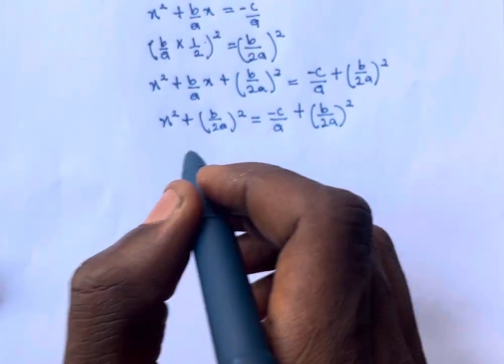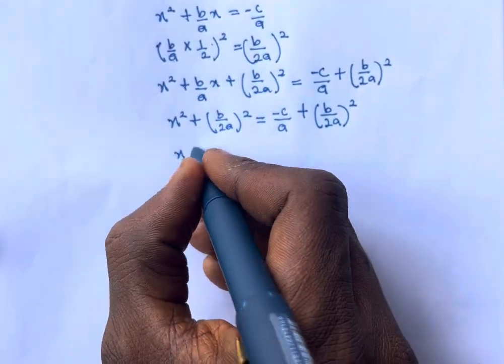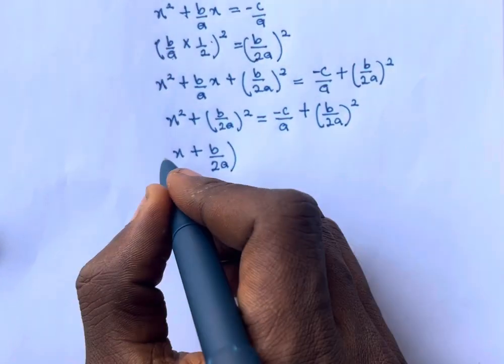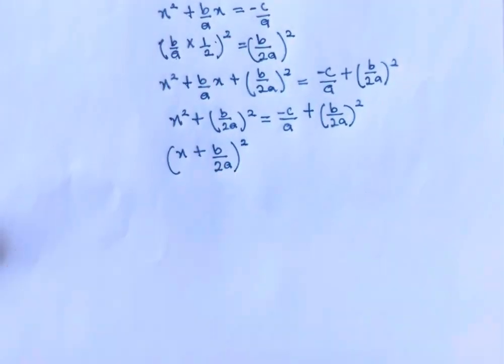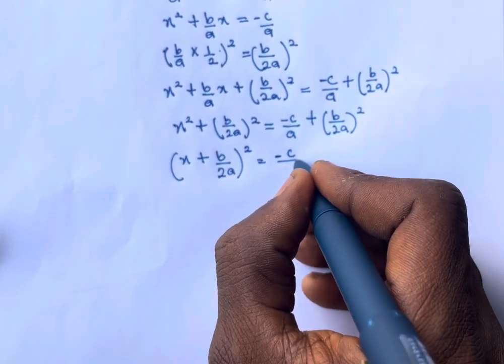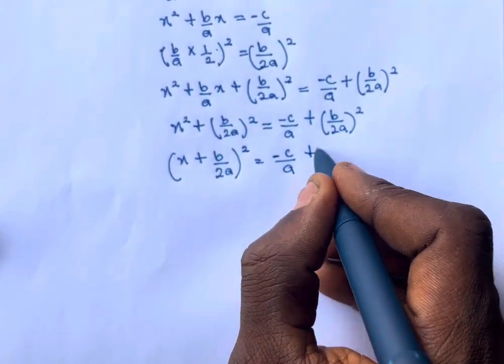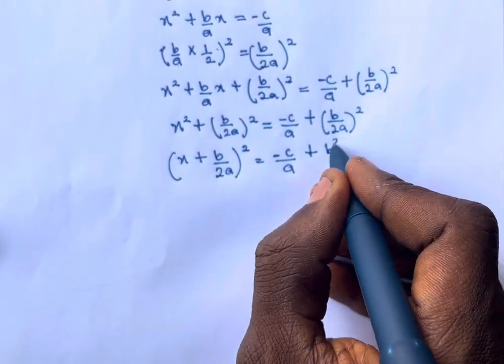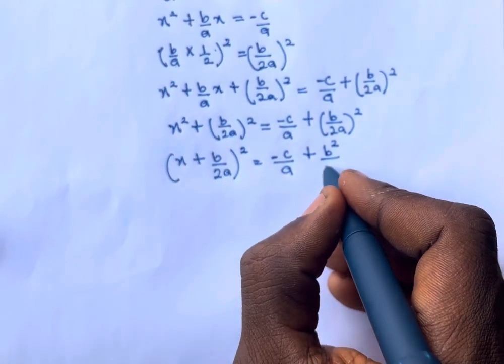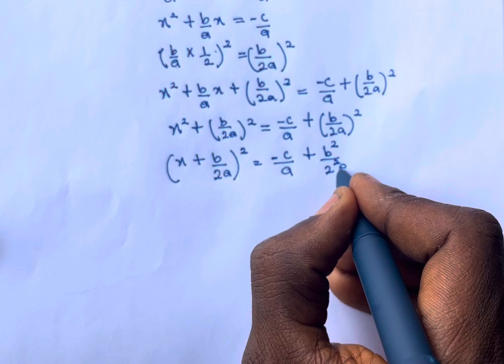Then here becomes x plus b over 2a squared is equal to minus c over a plus this we have b squared divided by 2 squared, then a squared.